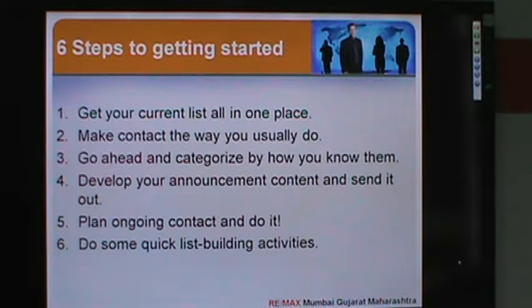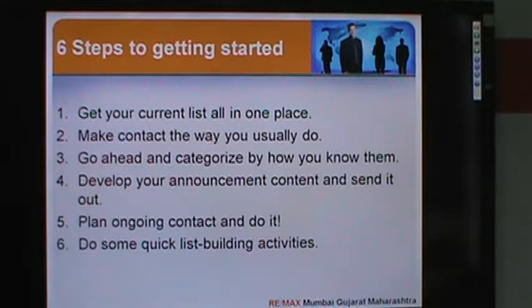Start collecting names, phone numbers, addresses, email addresses and other information from your friends, family, co-workers, high school class, health club and other places. Throughout your career in real estate, you should always have a plan to grow this group and implement it faithfully. This will become a huge source of repeat and referral business over a period of time.